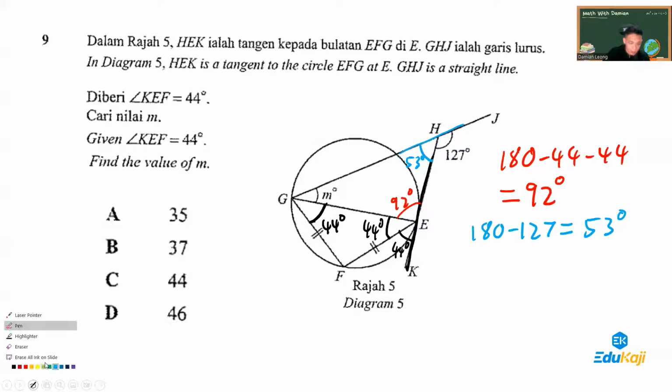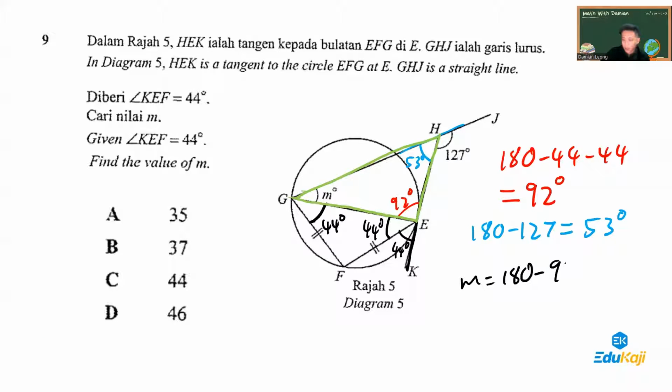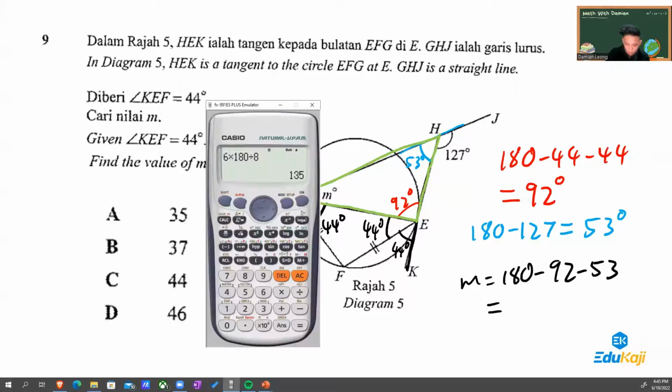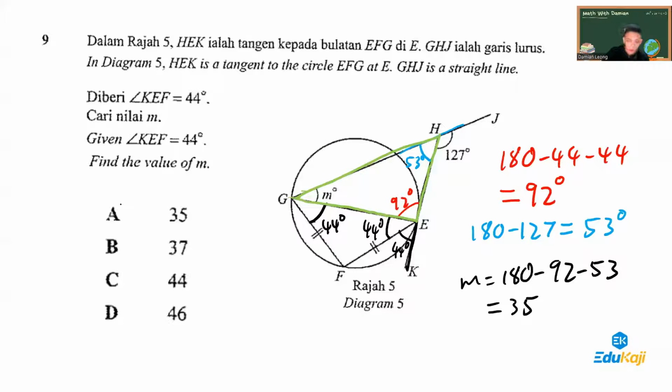So once I have these two, I can look at this triangle GAH to find M. Total angle in a triangle, again, 180 degrees, which means M is 180 minus 92 minus 53, which is 35. So answer A. Answer is A.